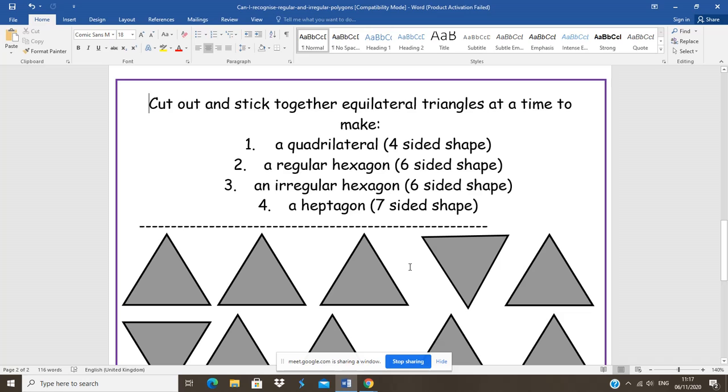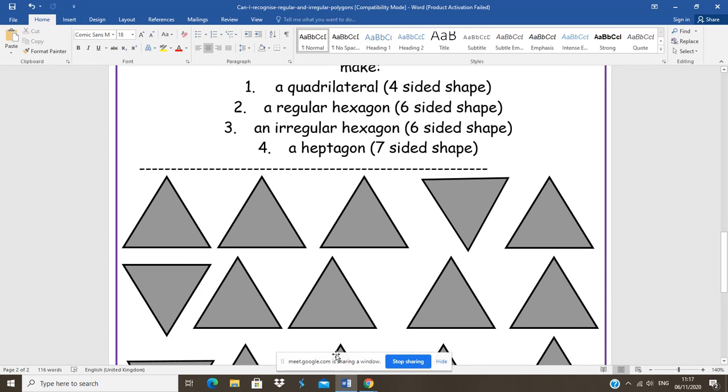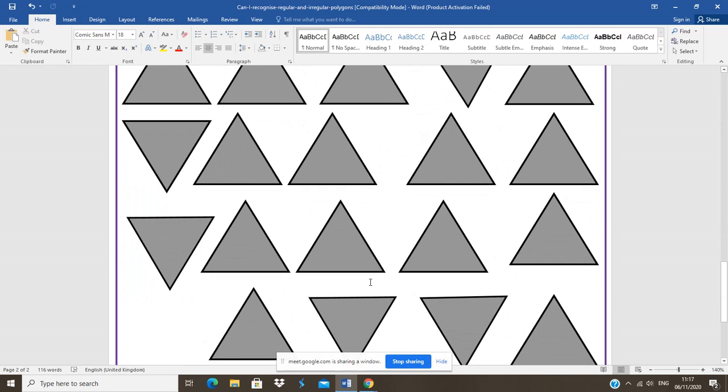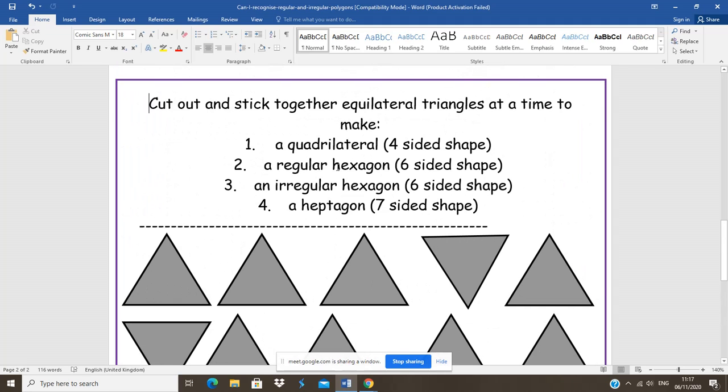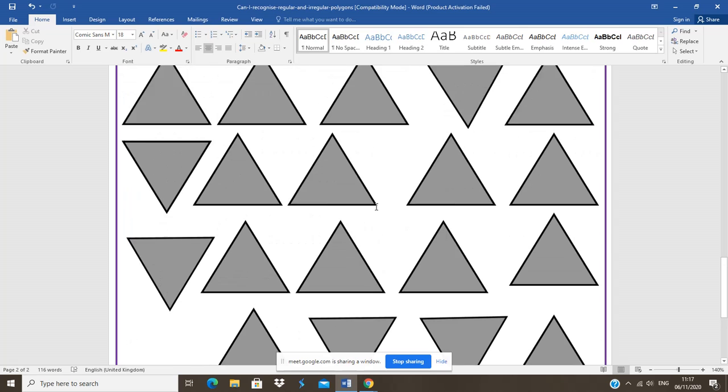Make sure it has your name so I will know who you are, and then I could add your points to the test. But this is what you're going to be doing: using these triangles, I want you to form a quadrilateral, a regular hexagon, an irregular hexagon, and a heptagon, okay?